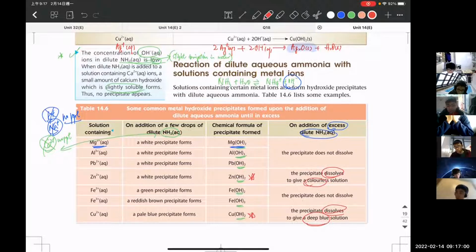We call it zincate. Okay. How about ammonia? The precipitate will dissolve to give a colorless solution, but it's not zincate.